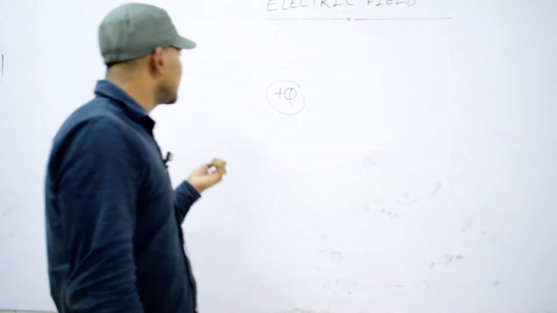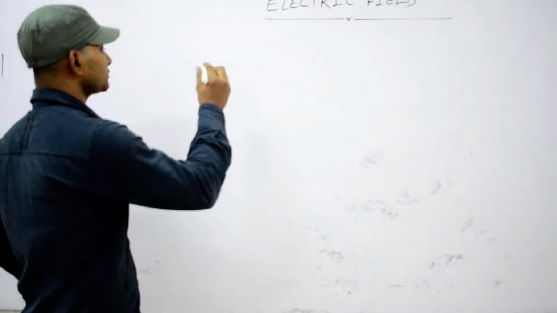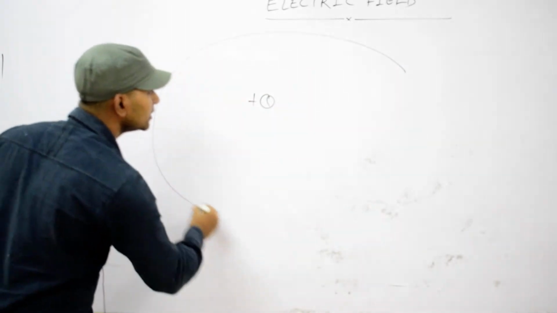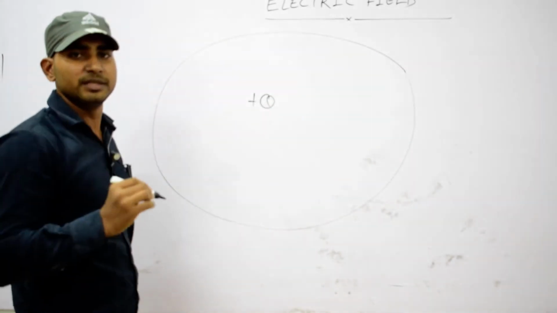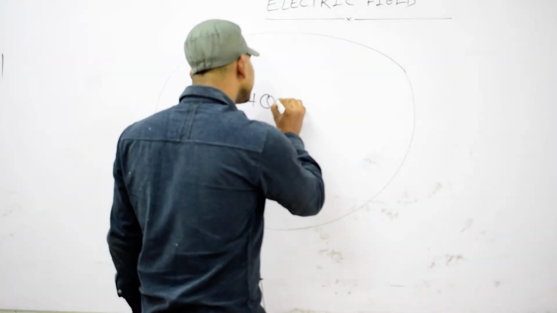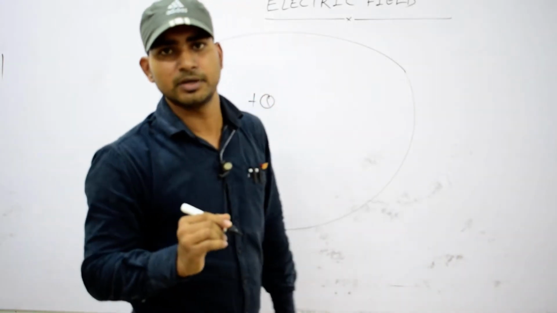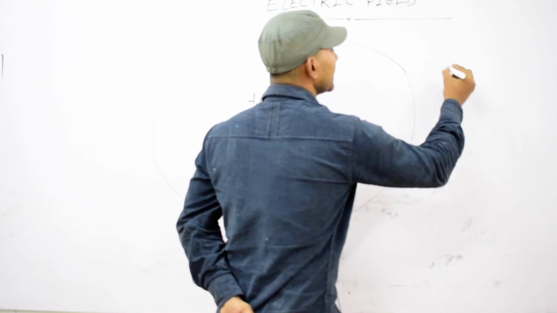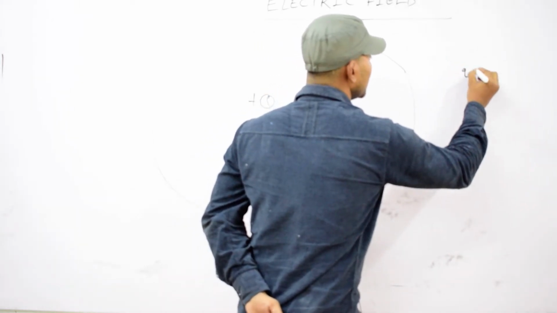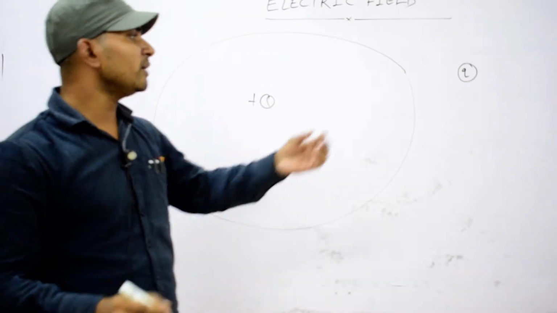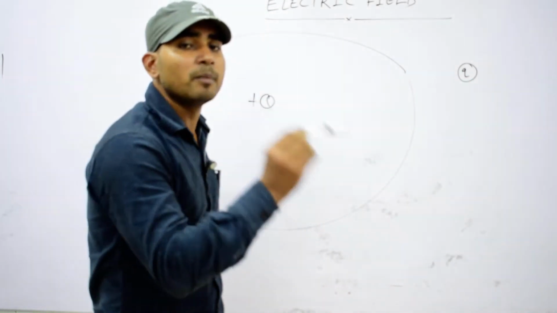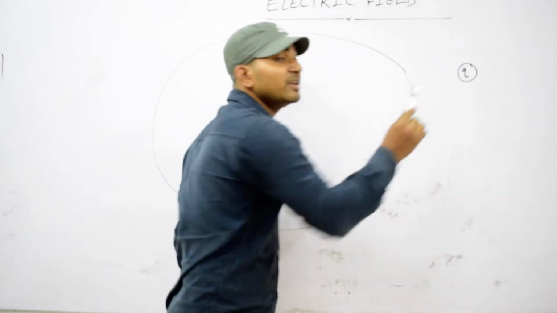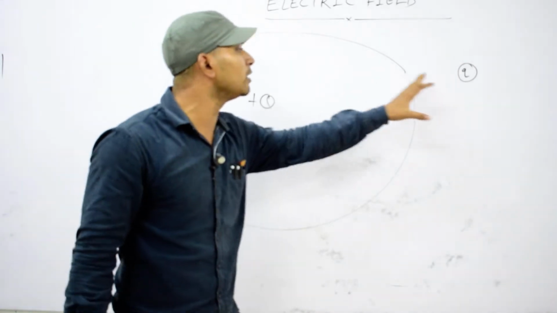By this basic introduction, let's suppose a plus q charge is there, and this is the particular region up to which its field exists. If another charged particle, just for example another charge q, comes into the range of the field of this charge, that particular charge will experience a force due to this charge.